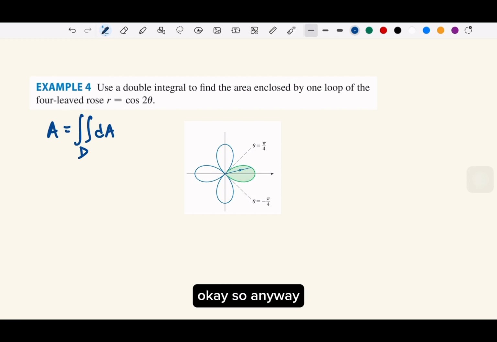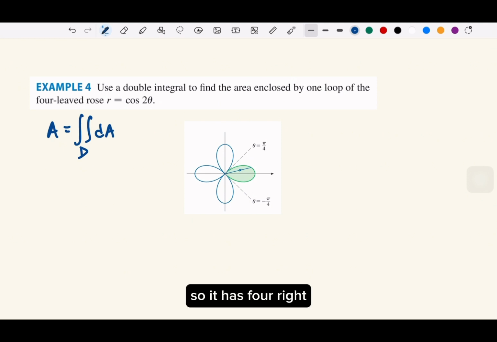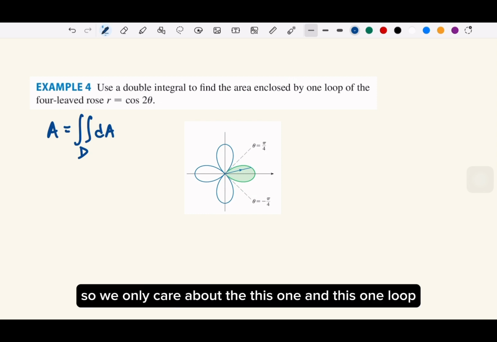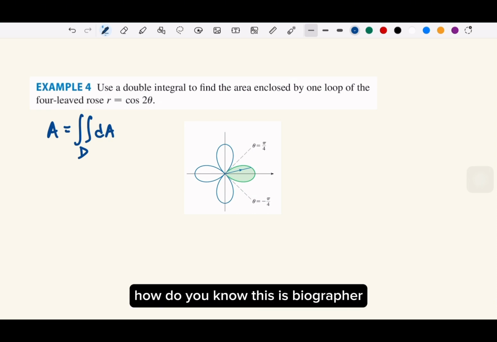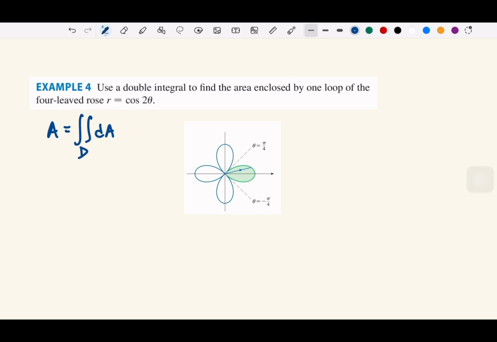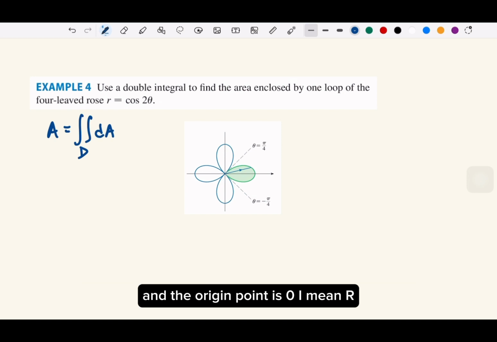Anyway, this is the area, and it says that we only need to restrict to one loop. The rose has 4 loops, so we only care about this one loop. And for this one loop, how do we know that theta goes to pi over 4, if it's not given? Because here it's going back to the origin, where r is 0.